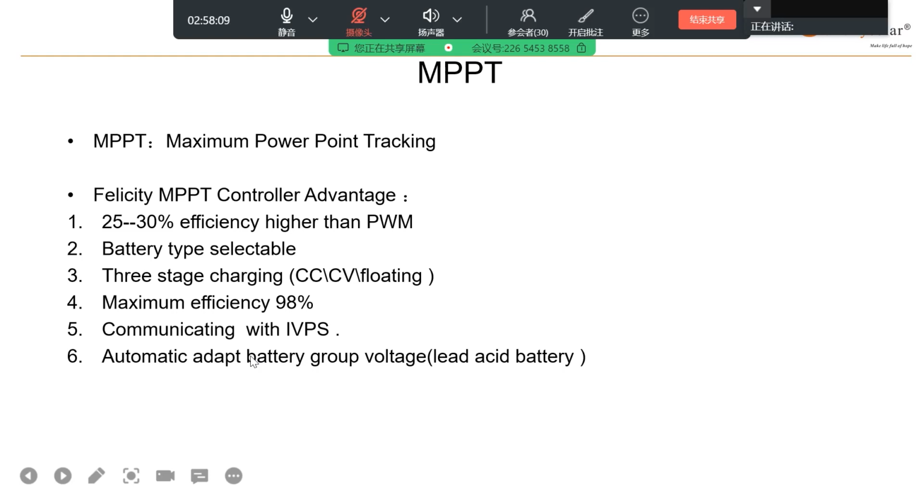But for the lithium battery, you need to set the charging voltage manually based on the battery voltage. So this is the advantage of Felicity MPPT. Hope you can understand.